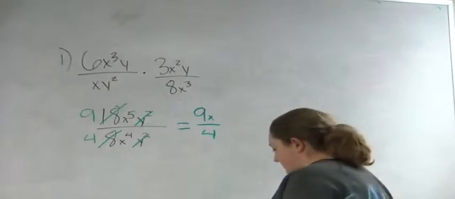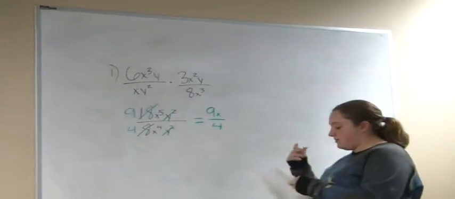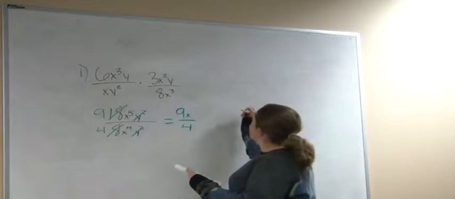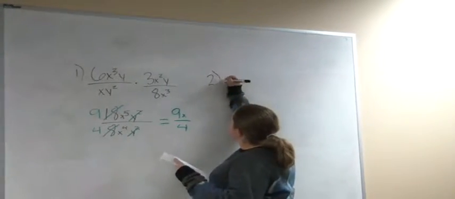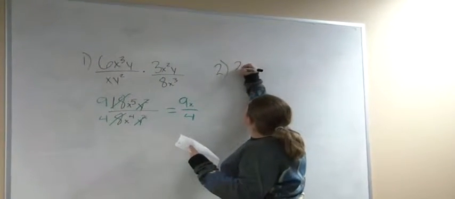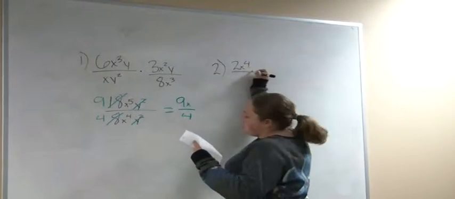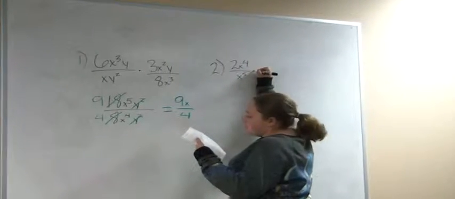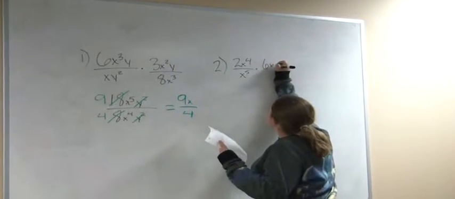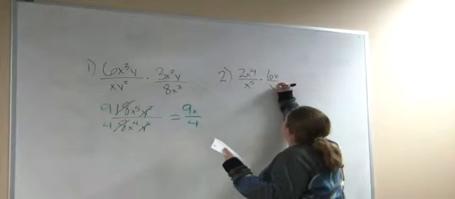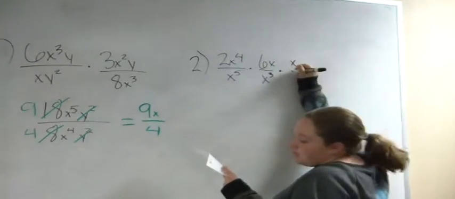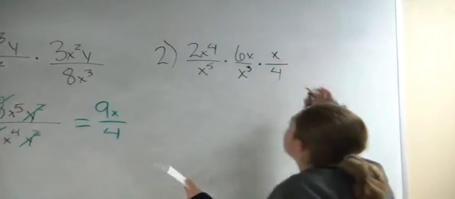My next equation is 2x to the 4th over x to the 5th times 6x over x to the 3rd times x over 4.